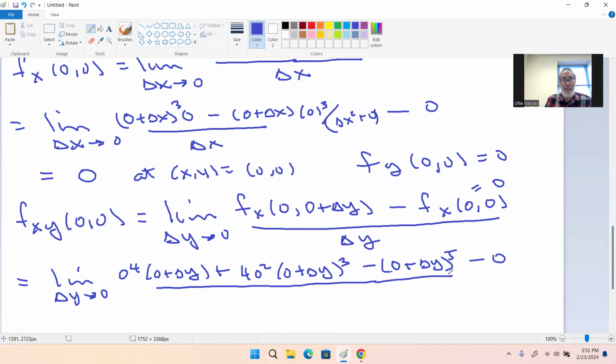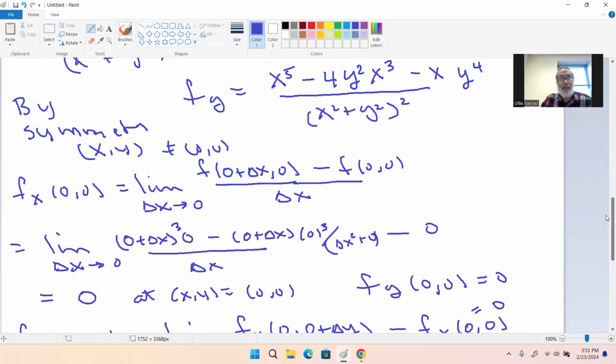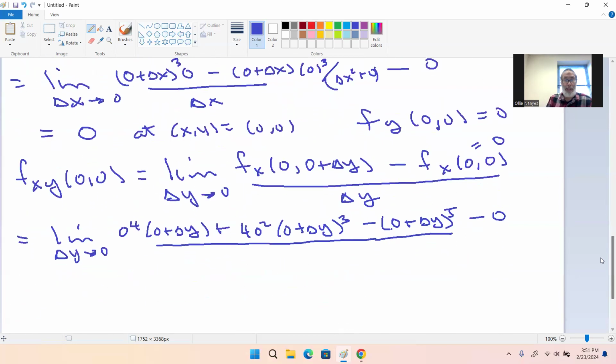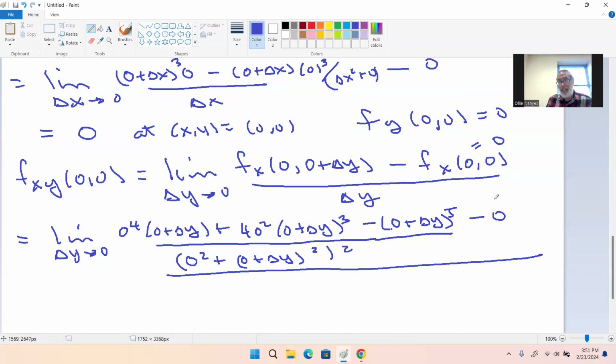Oh yeah, and now this part here, I remember that's going to be squared, so that's going to be 0 squared plus 0 plus delta y squared, quantity squared, and then all of this is the f sub 0, 0 over delta y.